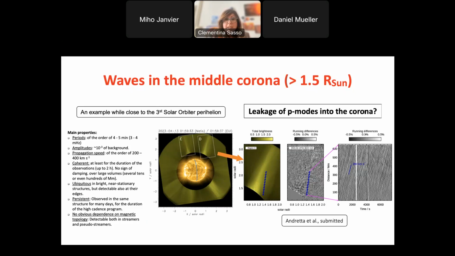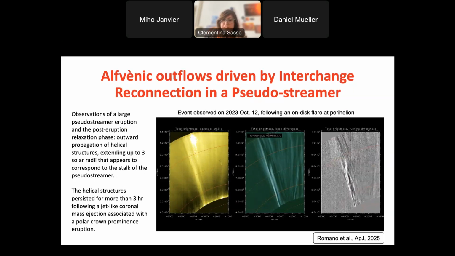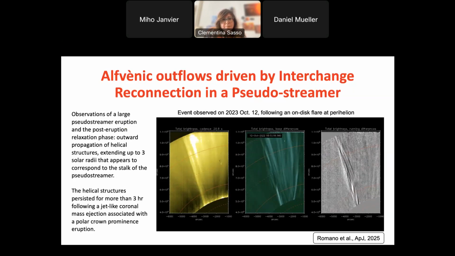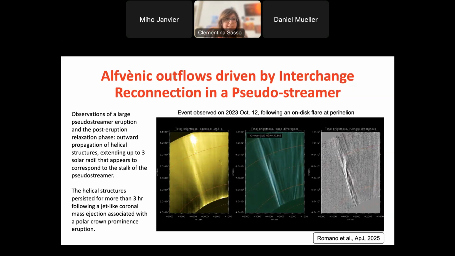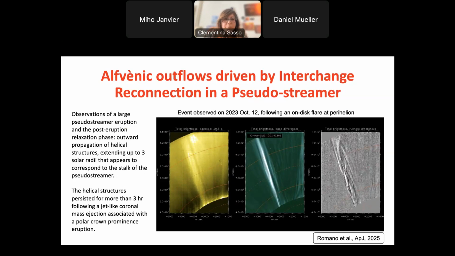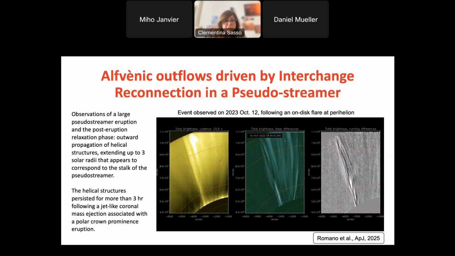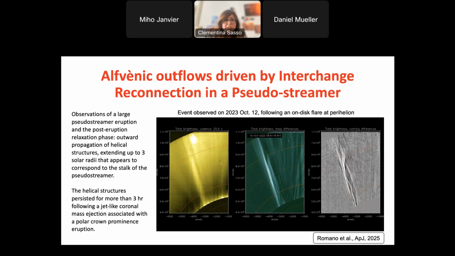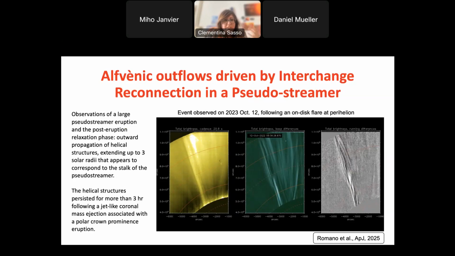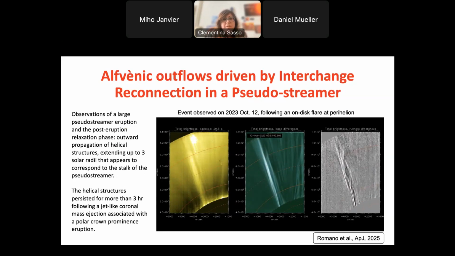in the paper. Then we have this result that just came out from Paolo Romano in ApJ, and he was seeing this outward propagating helical structure that extends up to 3 solar radii. That appeared after a large pseudo-streamer eruption.